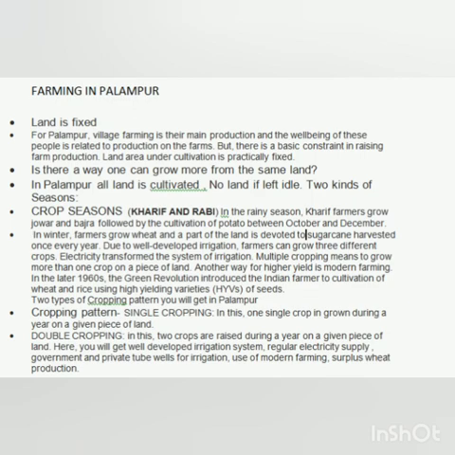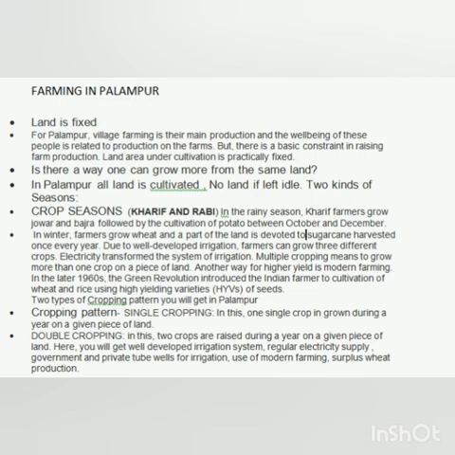There are 2 types of cropping pattern you will find in Palampur. One is single cropping and another is double cropping. So what is single cropping? In this, a single crop is grown during a year on a given piece of land. And double cropping: what is double cropping?